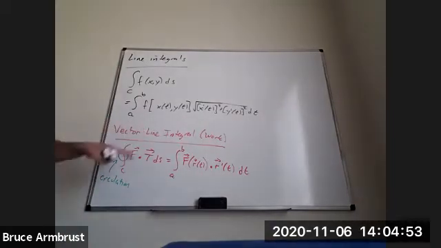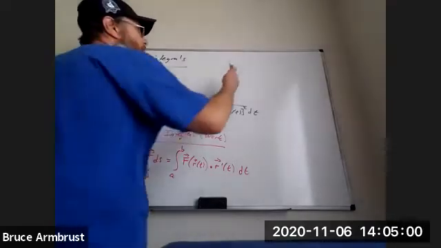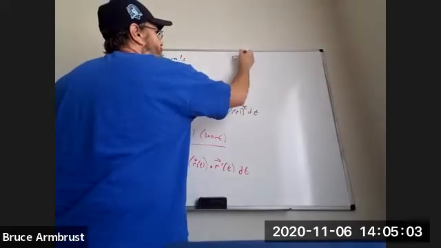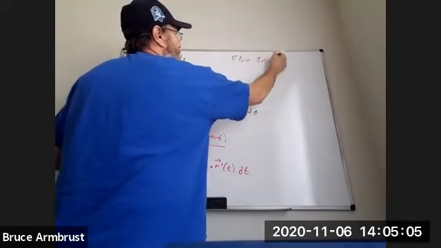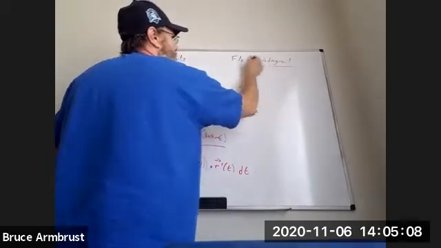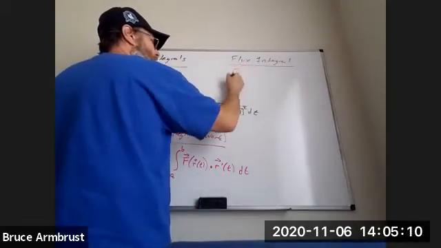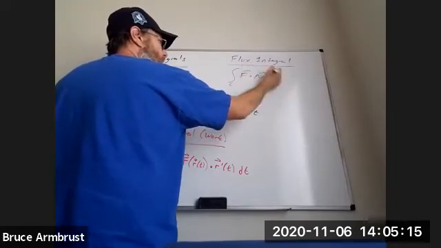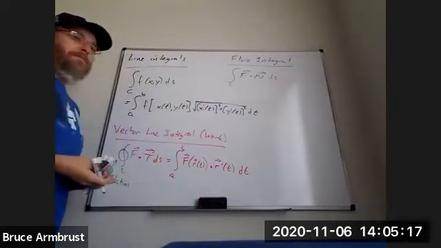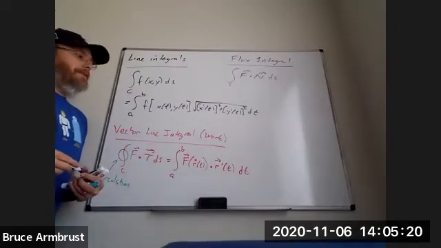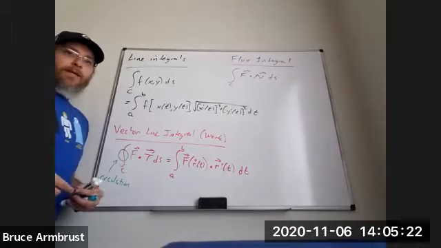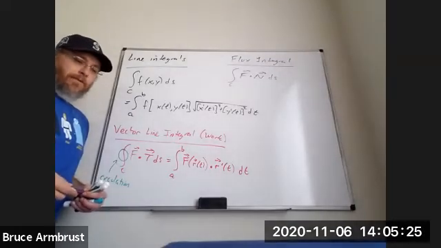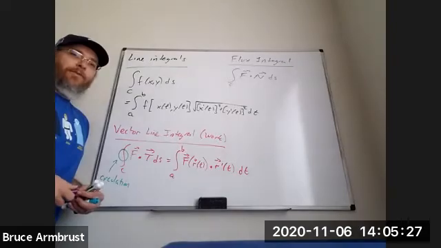All right, so that was the vector line integral. And then we also had the flux integral. And the flux integral looks a lot like the work integral. But now, instead of dotting with T, we're dotting with N. Okay, and N is our unit normal vector.